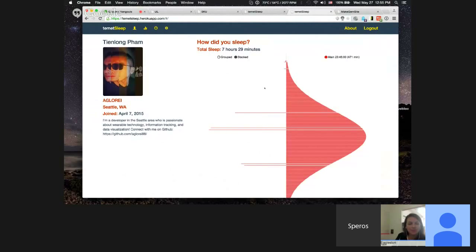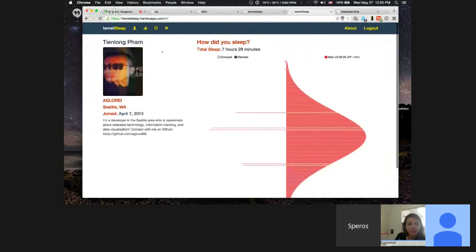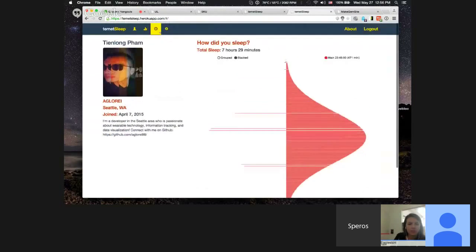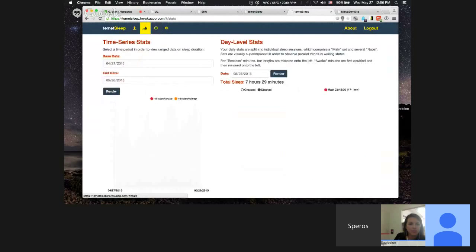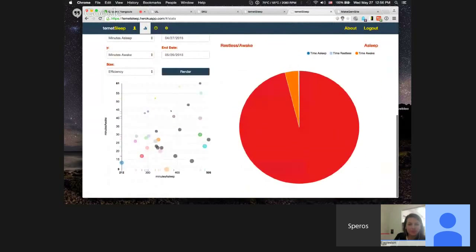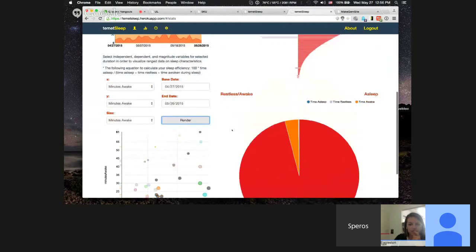Right, from how he slept last night. It's the activity tracker on his little wearable device, and he has all these great graphs that he built with the JavaScript library D3.js, which is designed for data visualization. Yeah, that one. There you go. It has all these dynamic charts, so you can look at your data and plot different things on the XY axis for how you slept.